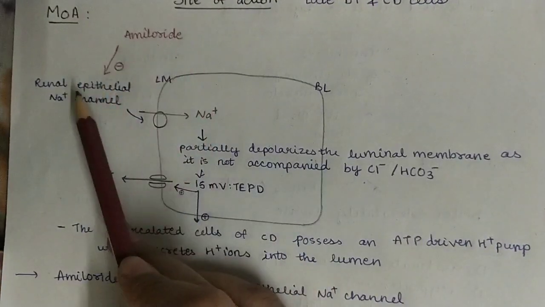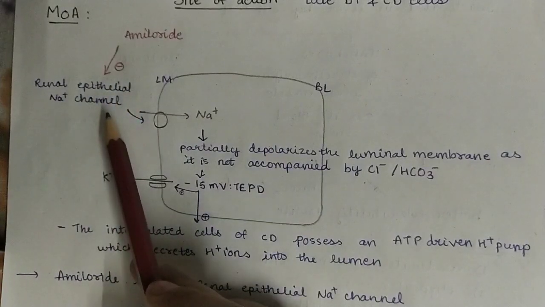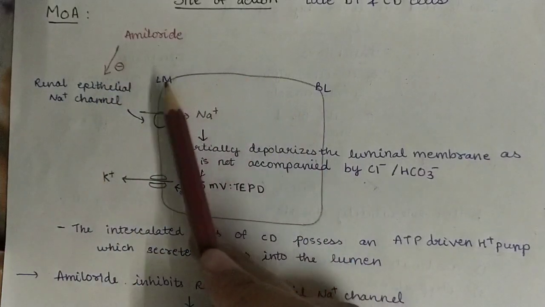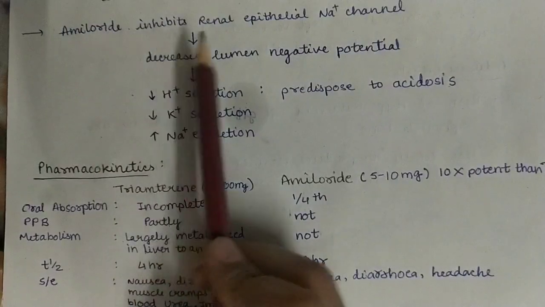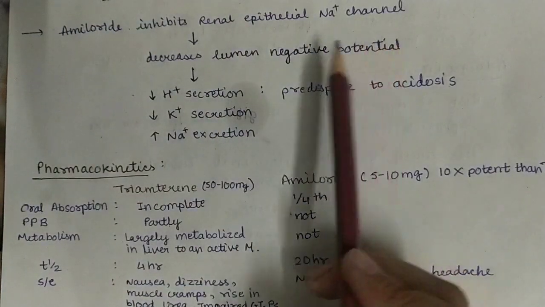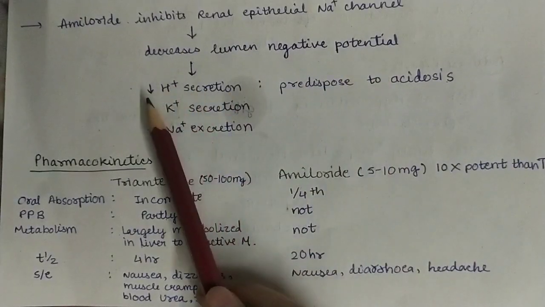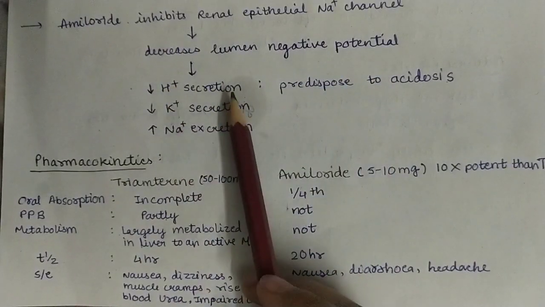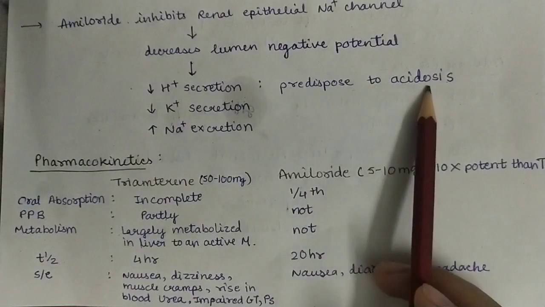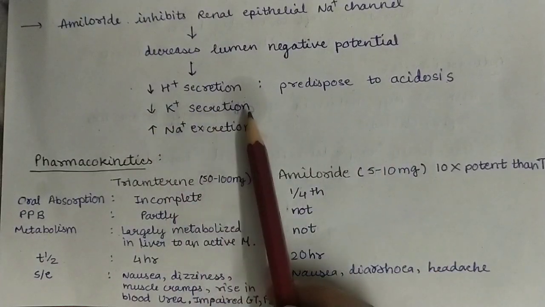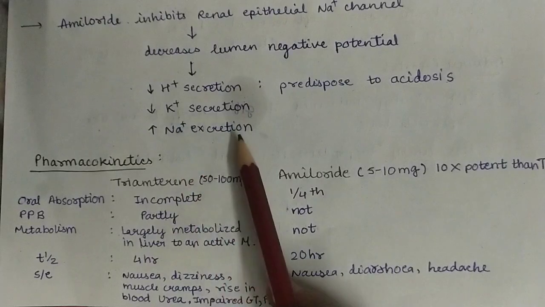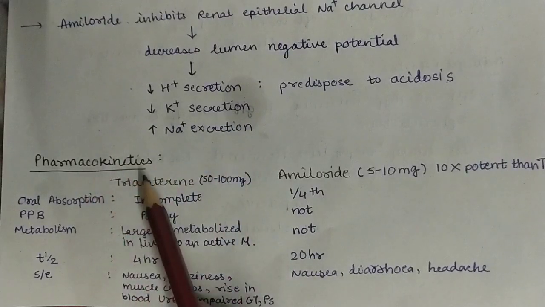Amiloride inhibits the renal epithelial sodium channel and inhibits the action. It decreases the lumen negative potential and hence decreases H plus secretion that can predispose to acidosis, decreases potassium secretion and increases sodium excretion.